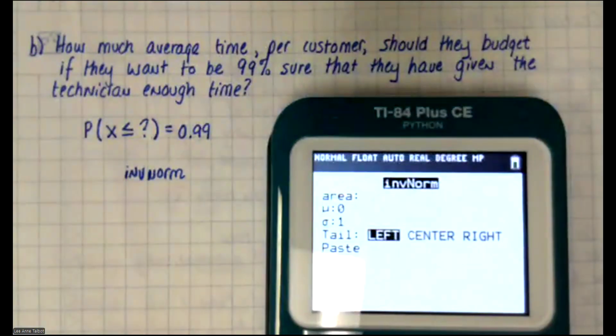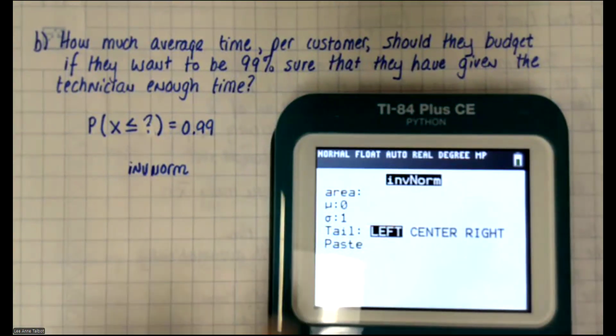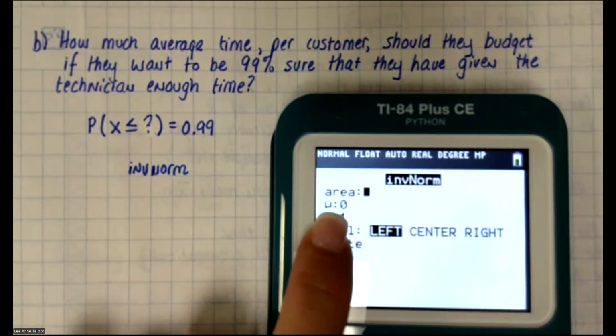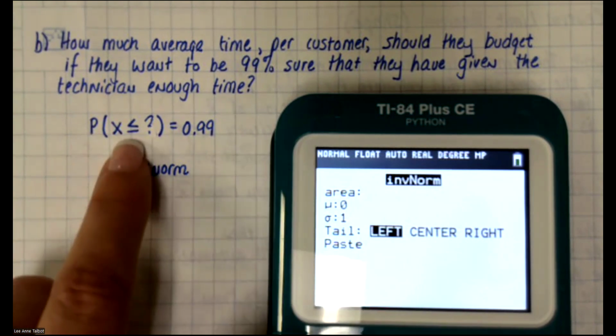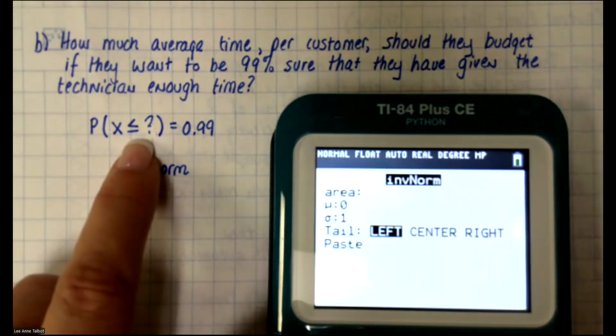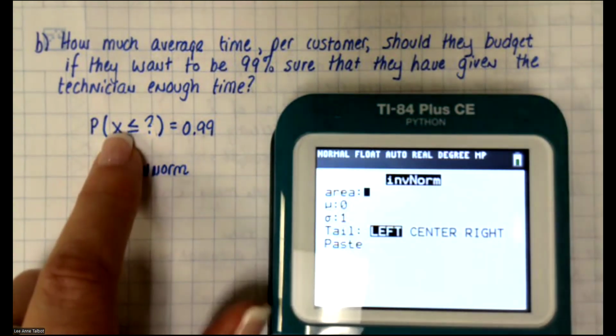Okay, sorry, there we go. Had to clear it out. Inverse norm needs an area, a mean, a standard deviation, and a tail. Our tail is going to be left because it's less than or equal to.